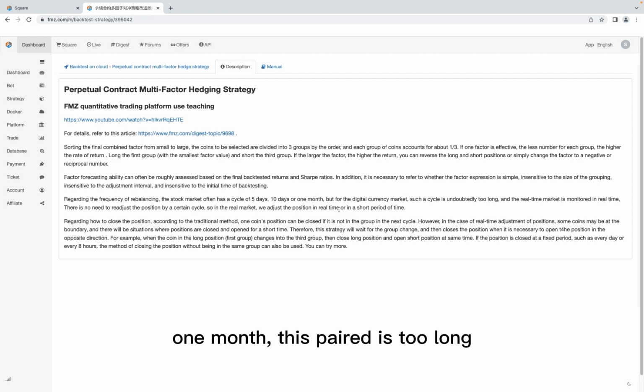This period is too long for the blockchain digital currency market, and it is not flexible. We do not need to follow a fixed period of position adjustment.